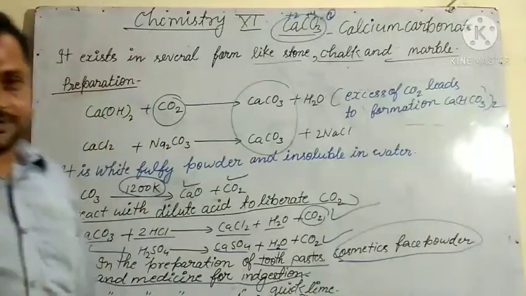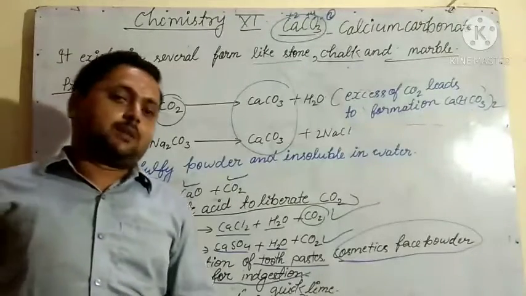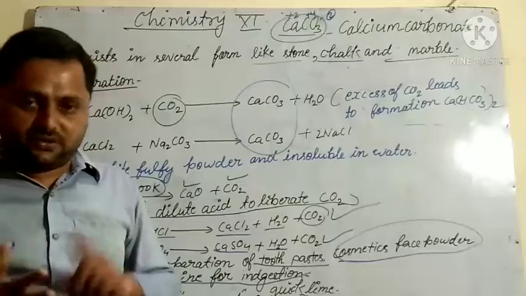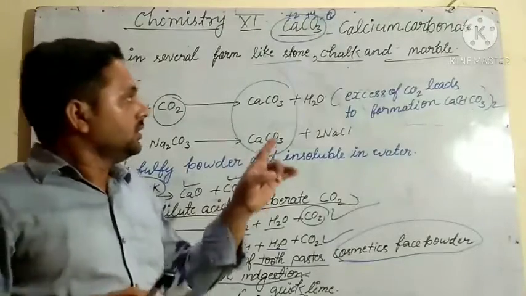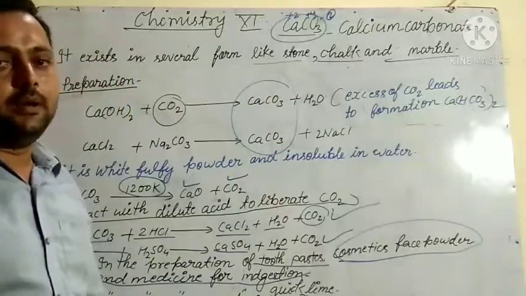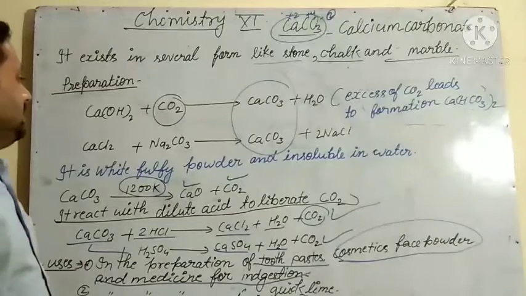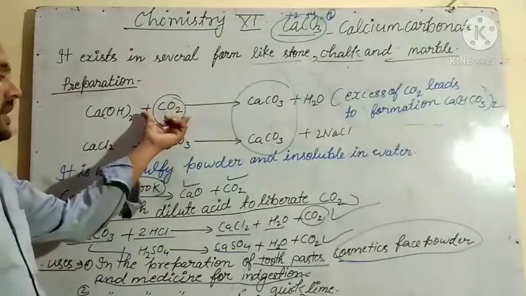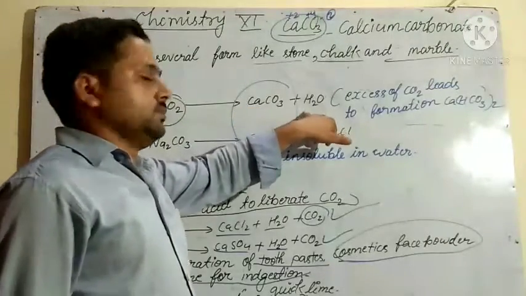So what we have discussed is that calcium carbonate exists in three forms: marble, chalk and limestone. It can be prepared by the reaction of calcium hydroxide with carbon dioxide, giving CaCO3 plus H2O.